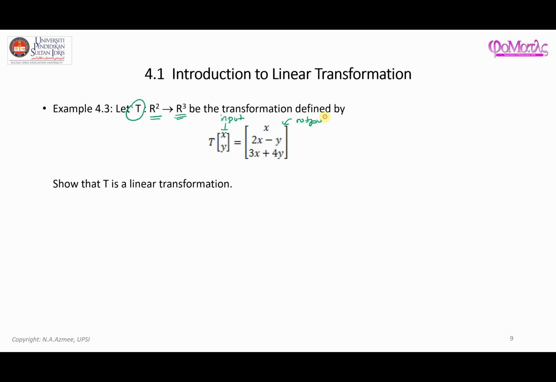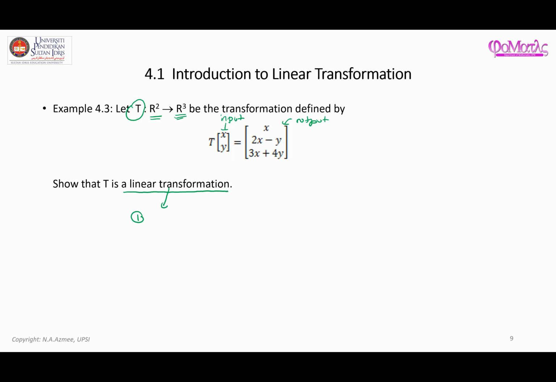So this is the output or the image, okay? Right. Again, to show that it is a linear transformation, you need to show that we have 2 vectors, and they preserve the idea of vector addition.